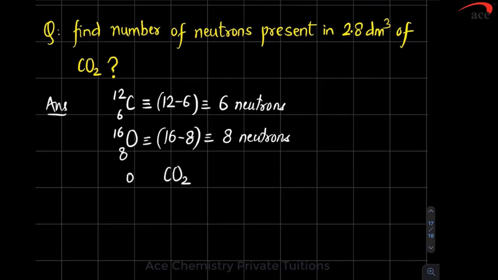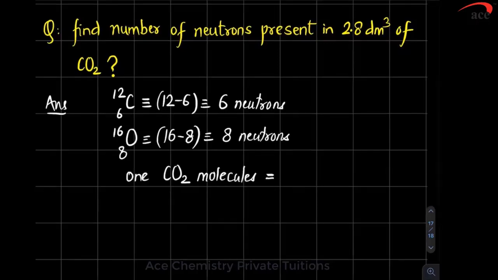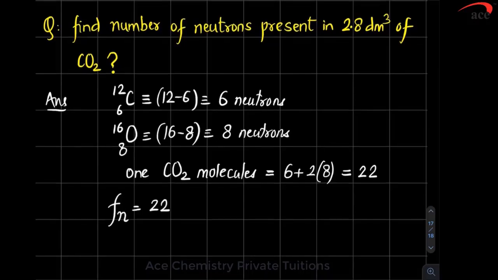So one carbon dioxide molecule will have how many neutrons? 6 for carbon and 8 each for the two oxygens. If you add, you will get 22 neutrons. That means factor for neutrons is 22.